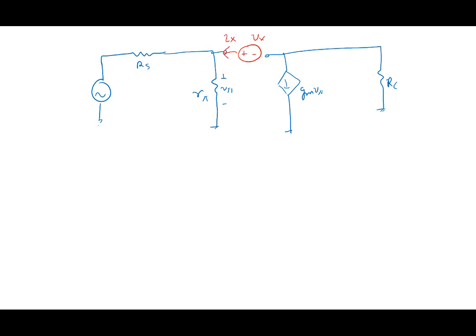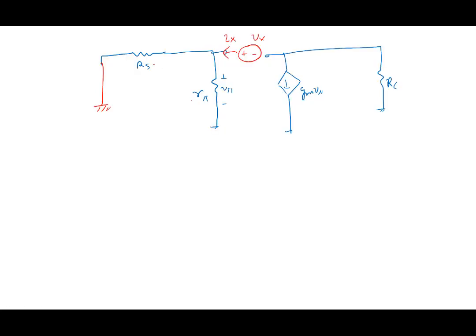And in the meantime, remove this source here, remove it here, put it to ground. So obviously Rs will come in parallel with rπ, fine. But then there is this gm Vπ here and there is RC also here. So find out what is this Vx by Ix here. What is this R effective, the resistance seen by Cμ? Find out this particular value by actually doing the circuit analysis.